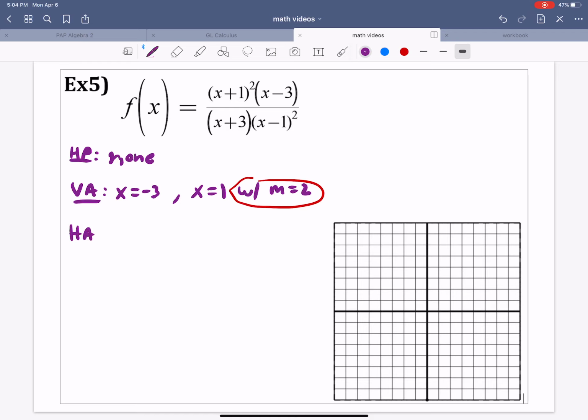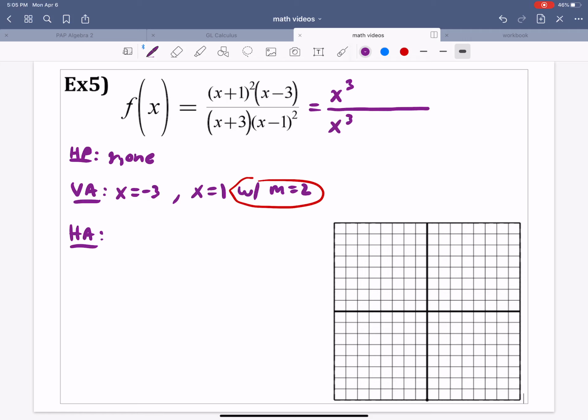The horizontal asymptote. This one's a little tricky to figure out if it's a BOBO, a BOTTEN, or an HDC. You don't actually have to multiply these out to figure out what is going to happen here. You've got x squared times x in the numerator. X squared times x would give you x cubed on the top, and then a bunch more stuff that we don't have to multiply. And then the same thing on the bottom.